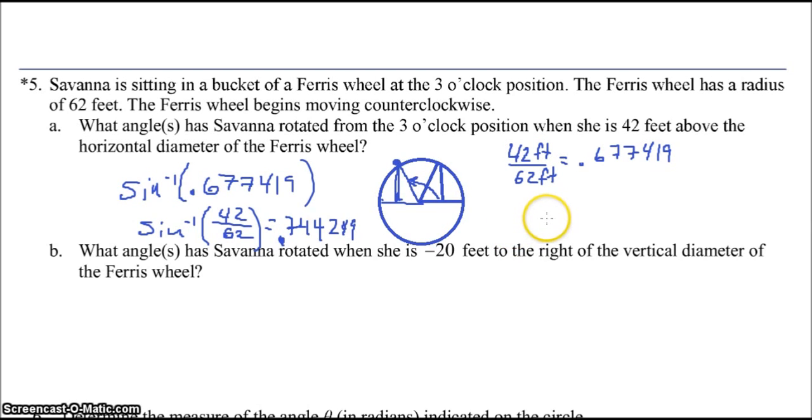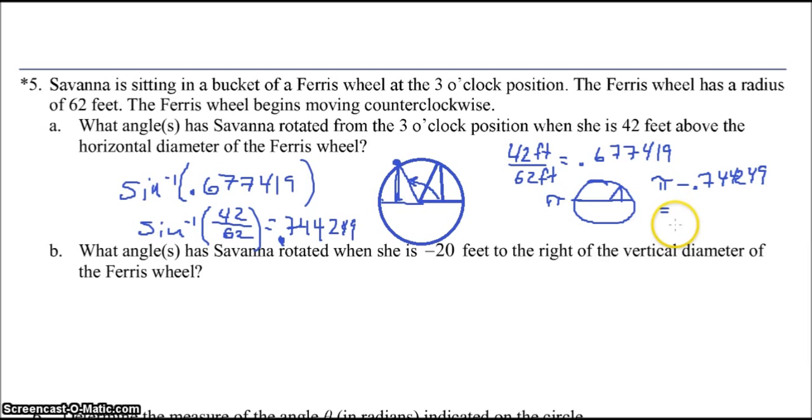The answer is you can just add or take pi. So here's pi radians this far around, and we know that this one here is the one that we know already, and so if we take away what we found from pi, then that gives us the answer.